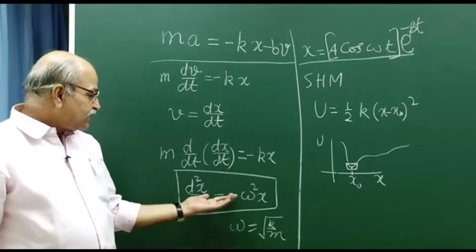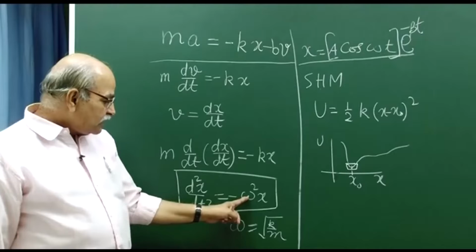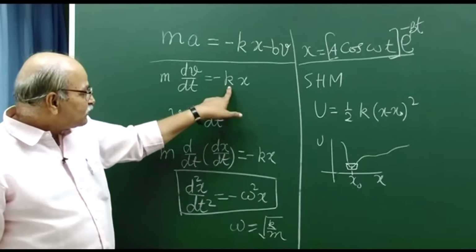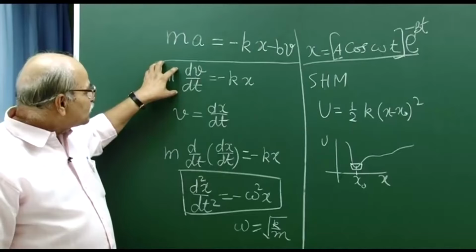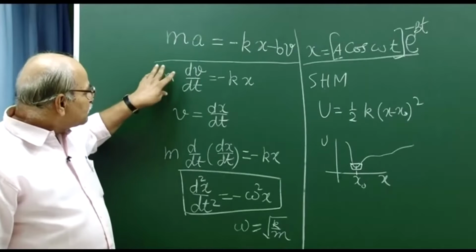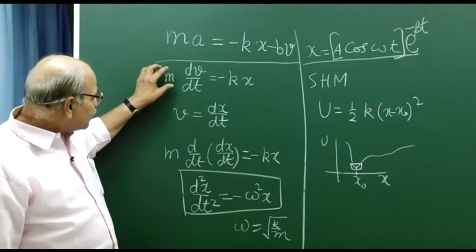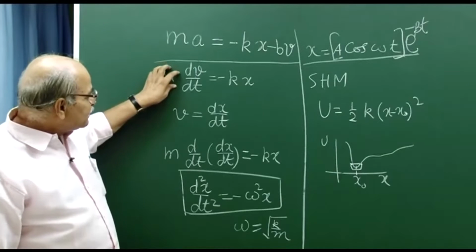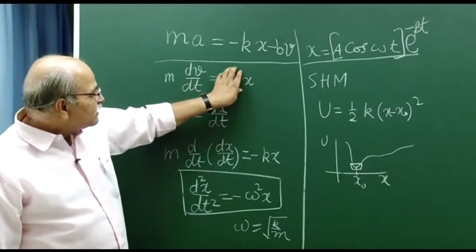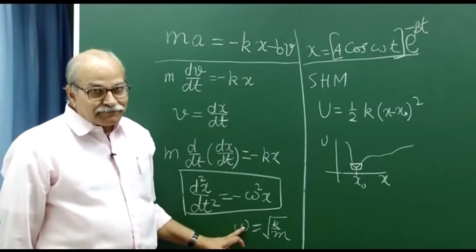This is the differential equation, with a certain frequency omega, which will depend on the restoring force, this k here, and on some property of the system, mass or moment of inertia, something. So, the oscillating system property is here, the force property is here, and they decide the frequency omega.